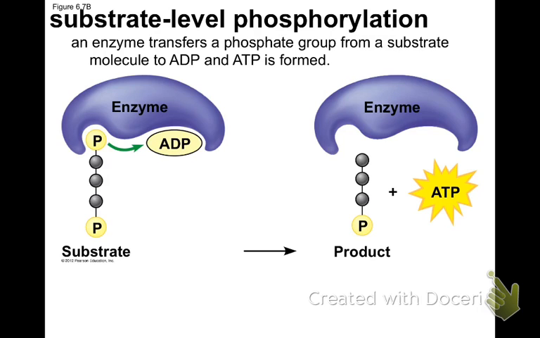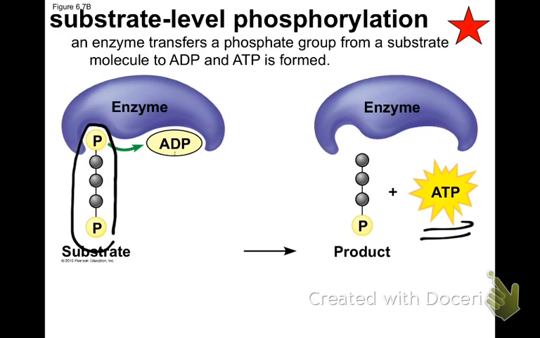Now, so far I explained what is substrate level phosphorylation. This is again pictorially explaining to you what the whole process is. So I have a substrate which has a phosphate molecule at the end. It transfers it to ADP in presence of an enzyme and makes ATP. This is very limited.